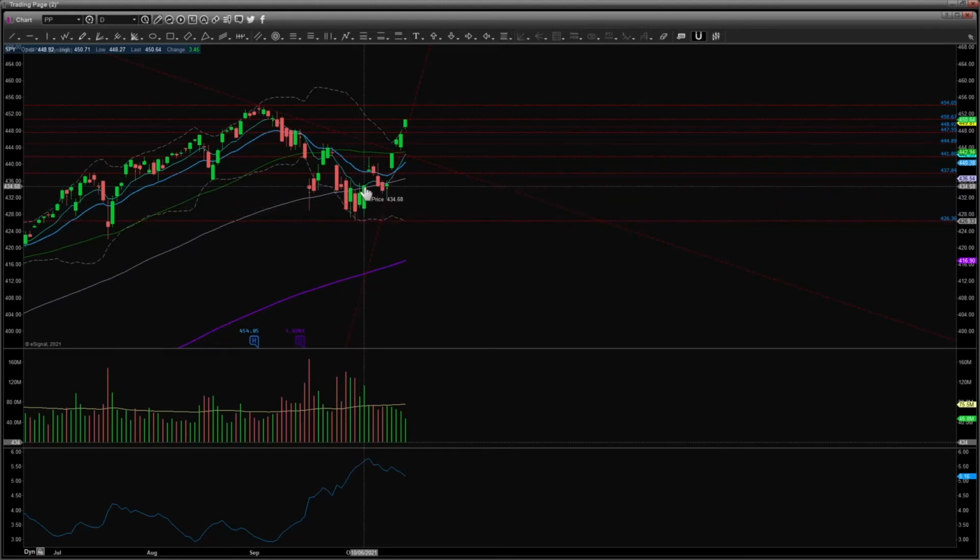This would be a good day for longs. This would be a good day for long here as well. So you kind of get the idea. You want to be long and short on SPY days with a nice big range and a clear directional movement.